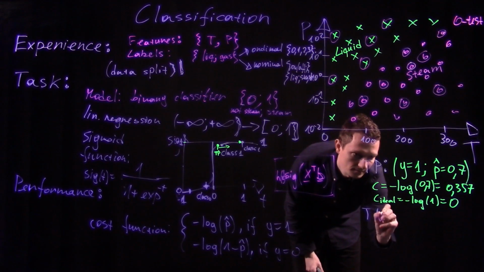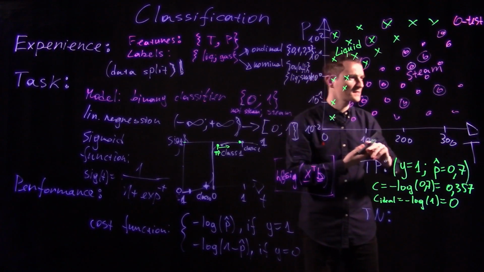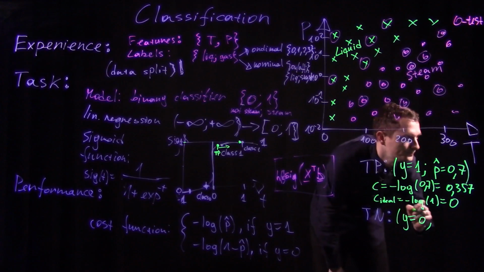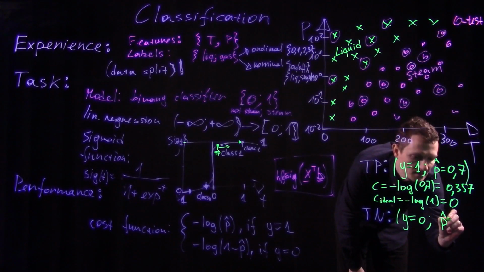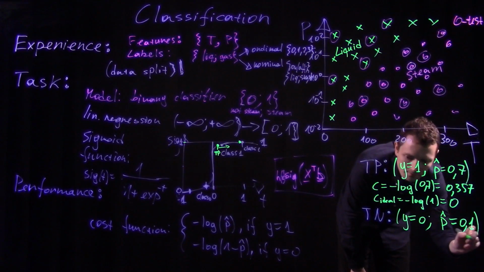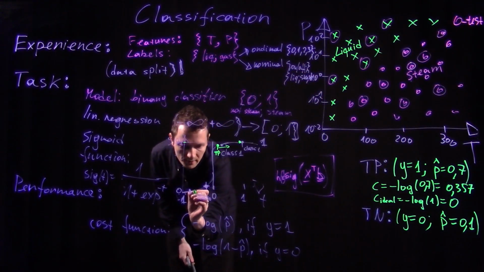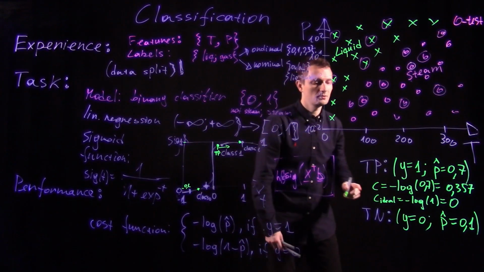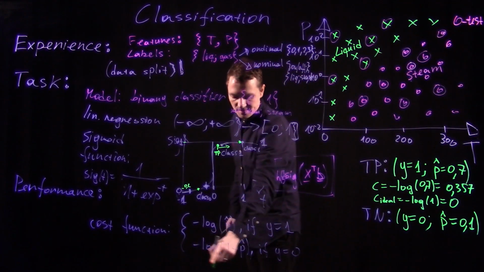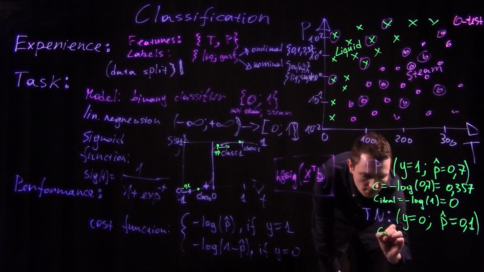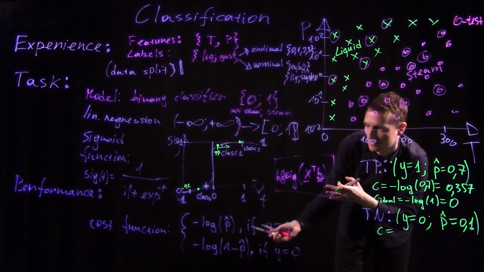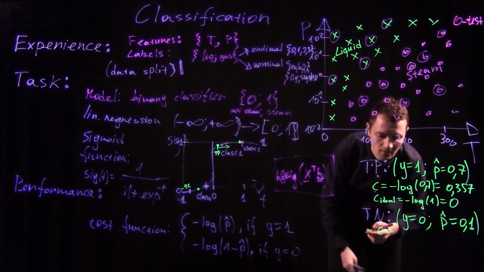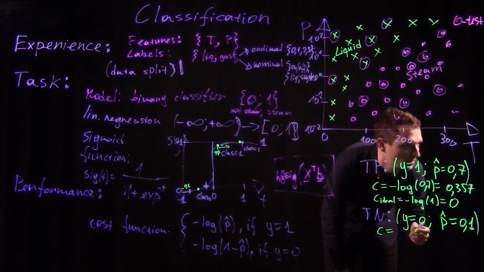True negative. In this case, we have our y equals 0, and then we also have the probability, let's say 0.1. It should be somewhere here. And because we have y equals 0, we will use the second equation here. Now we will calculate the cost function. The cost function is the function by which we define the contribution of this particular point to our general target function.